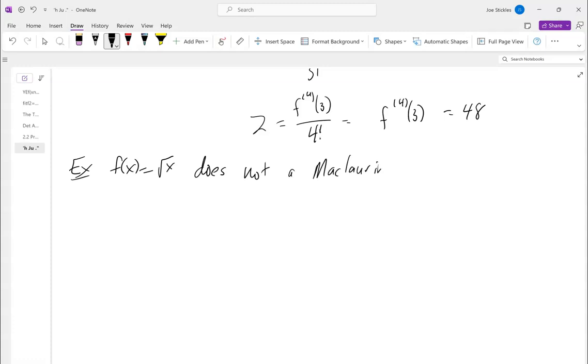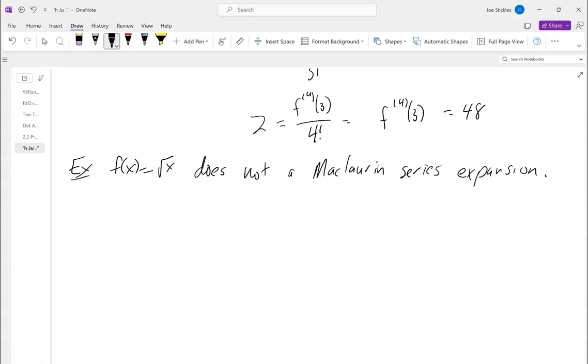Remember, Maclaurin series is Taylor series centered at 0. So f of x equals square root of x does not have a Maclaurin series expansion. You cannot find a Maclaurin series for root x. We cannot expand that at 0.